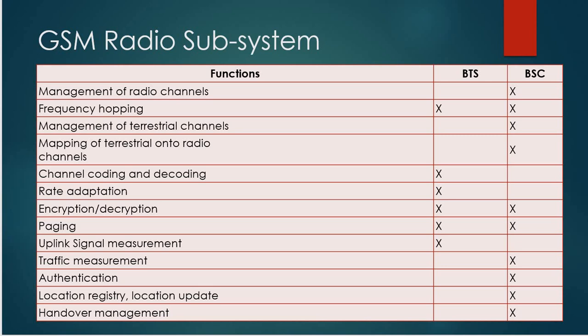If we use different frequencies for every cell in the entire network, we need many different frequency allocations, and it becomes very complex. So frequency reuse comes in here. Terrestrial channels need towers, frequency allocations, and also frequency reuse.